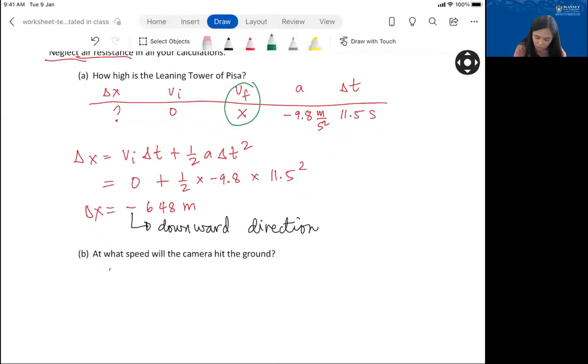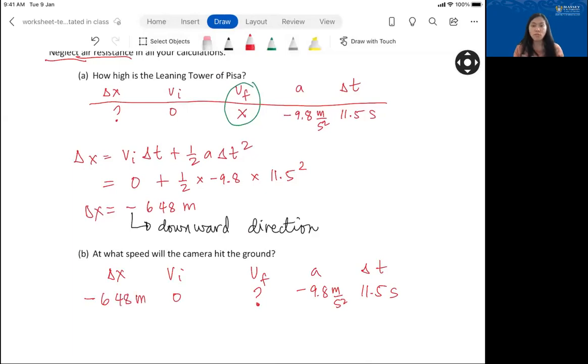So let me just use the same, maybe so it's neater. So delta t is still 11.5 seconds, a still negative 9.8 meters per second squared. Vf is now what we want to find. Vi is still 0. Delta x is negative 6.48 meters from the previous question.